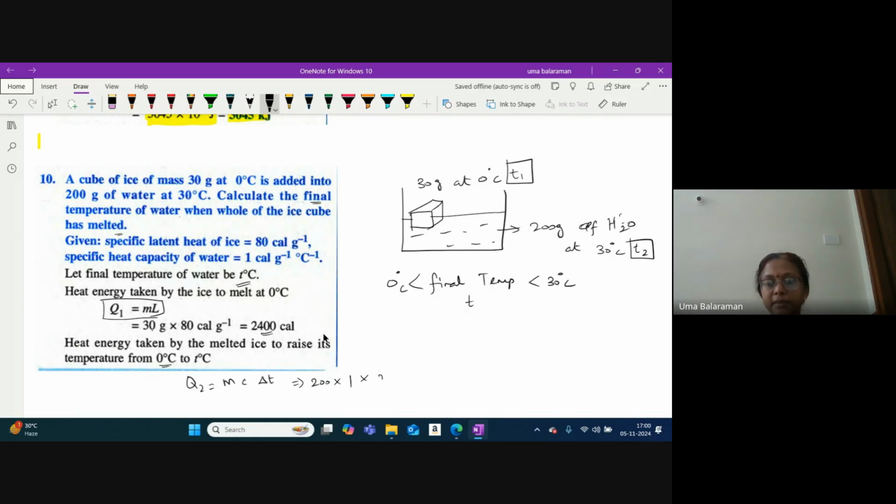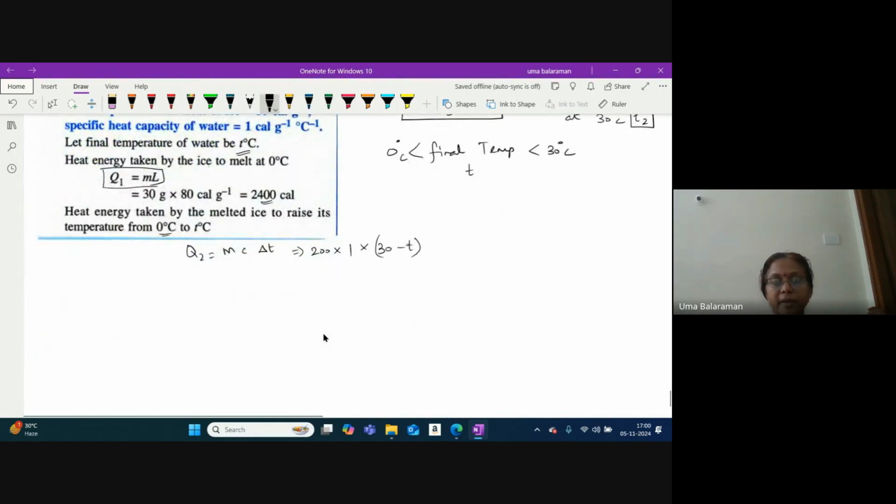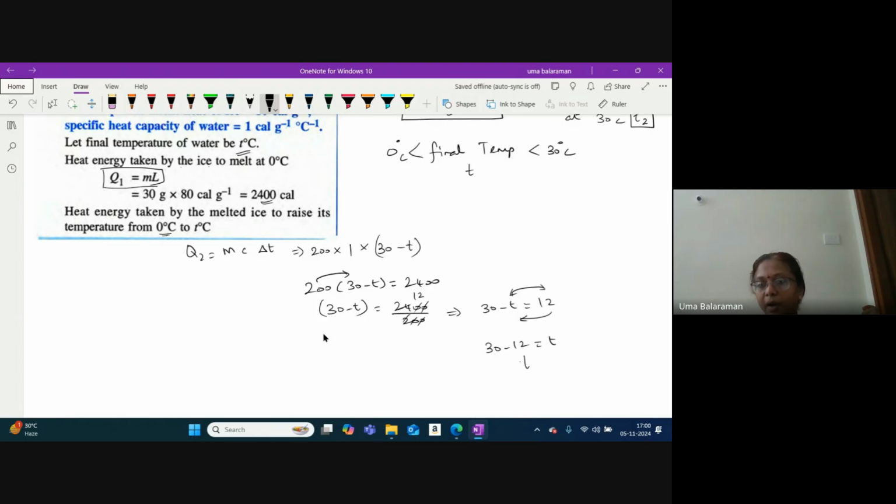Delta T is 30 minus T. So equate it. 200 times 30 minus T is equal to 2400. Transpose 200 to the other side. 30 minus T equal to 2400 by 200. 30 minus T equal to 12. Transpose T to the other side. 30 minus 12 equal to T, or T equal to 18 degrees Celsius.